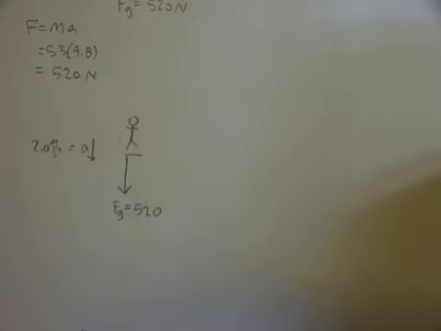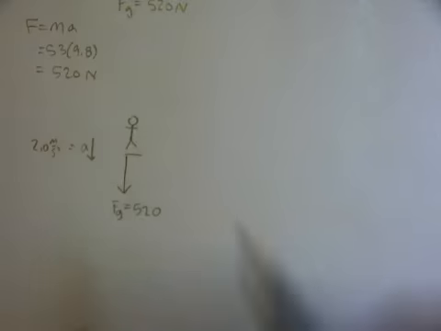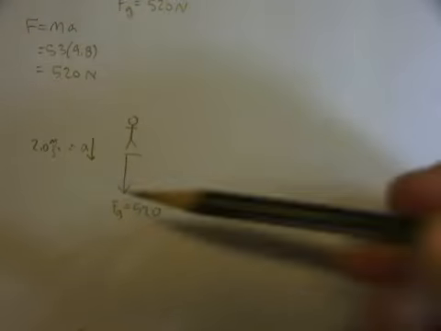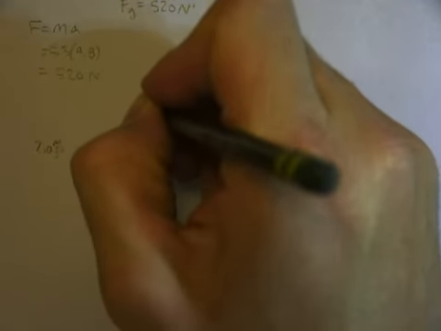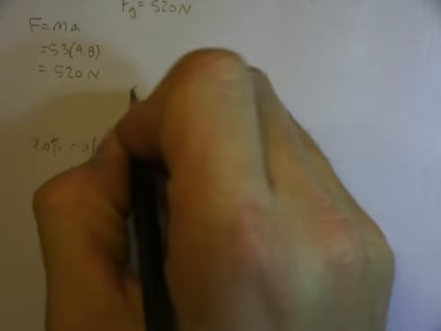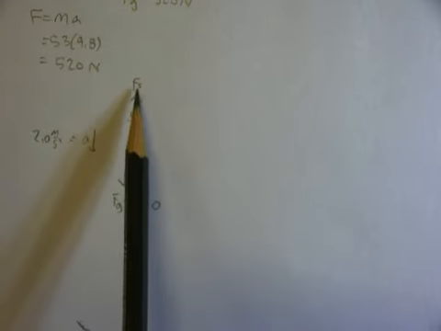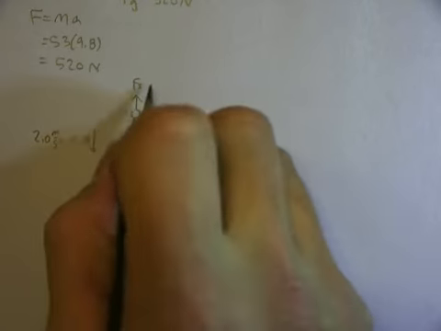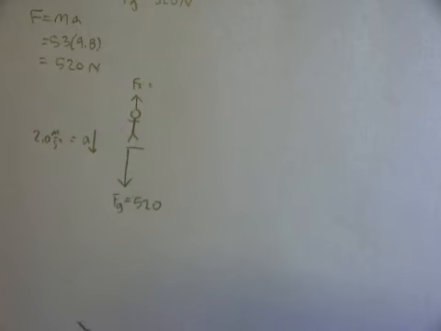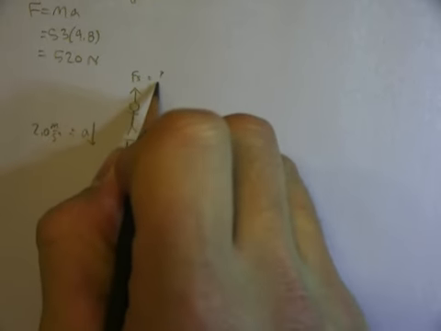So you've got the force of the scale. Because it's accelerating down, the force of the scale has to be smaller, because in order for it to accelerate downwards, gravity has to win. So we don't know what the scale force is. I'm assuming that's what it wants to know. What's the scale? Question mark.